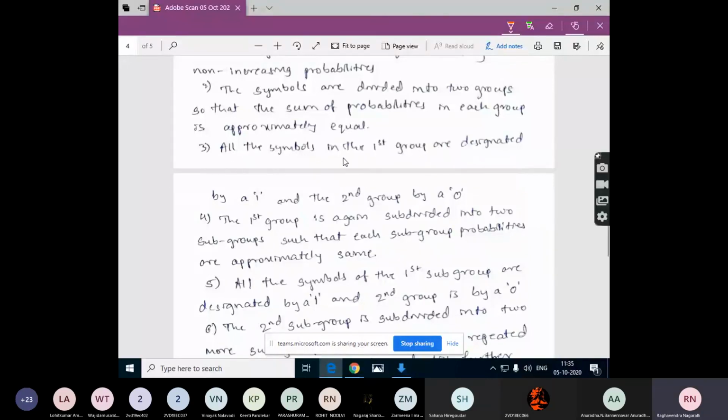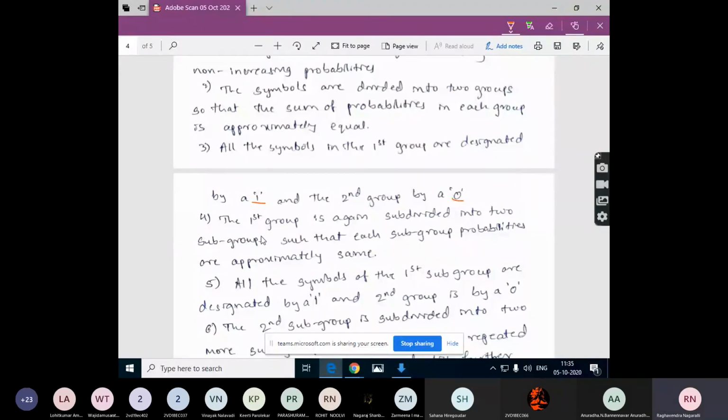Third step: all the symbols in the first group are designated by 1 and the second group by 0.